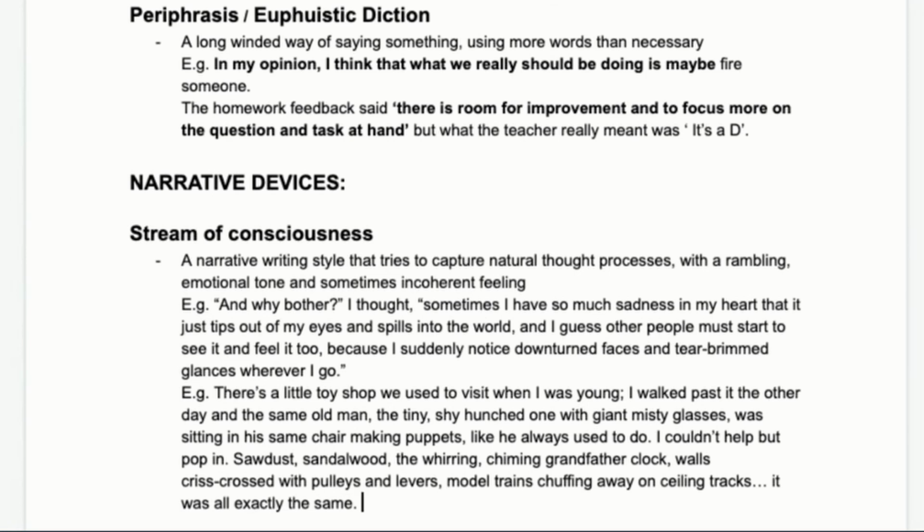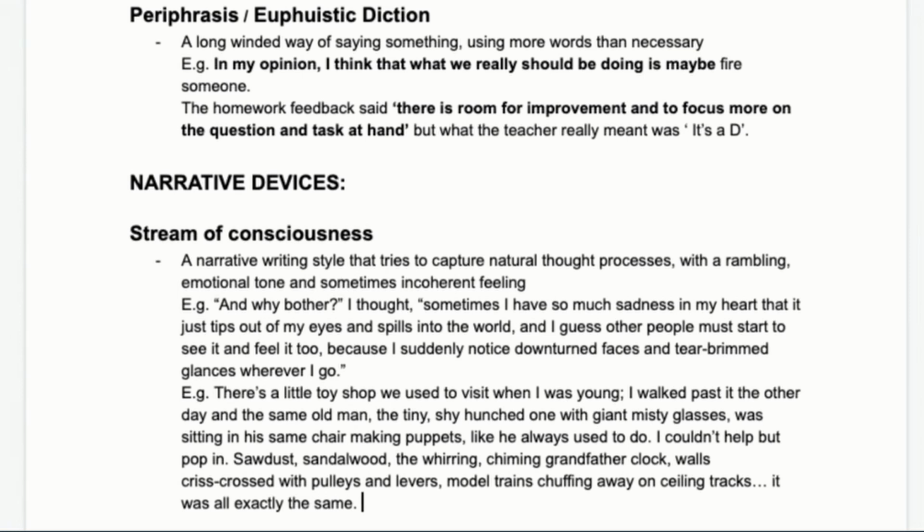Maybe it's a difficult thing for them to speak, so they ramble a lot. So yeah, it's effective that way, and it is realistic to everyday life because when people have difficult things that they want to say, generally they're not very direct about it, and they do use periphrasis. They ramble and sort of go off on a tangent and eventually get round to the point that they actually intended.